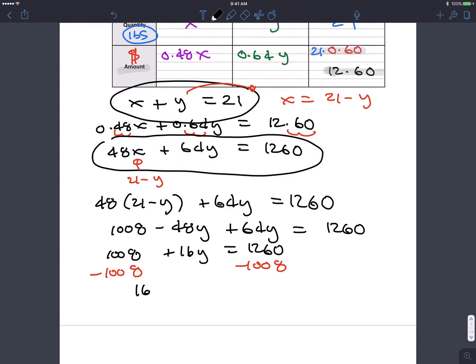We end up getting 16y is, it looks like it's going to be 252. So we got 1260 minus 1008. That gives us 252.